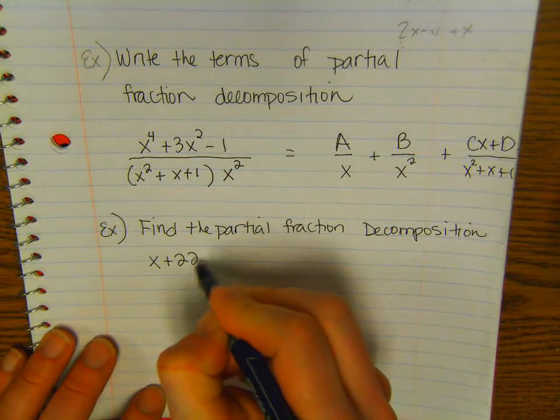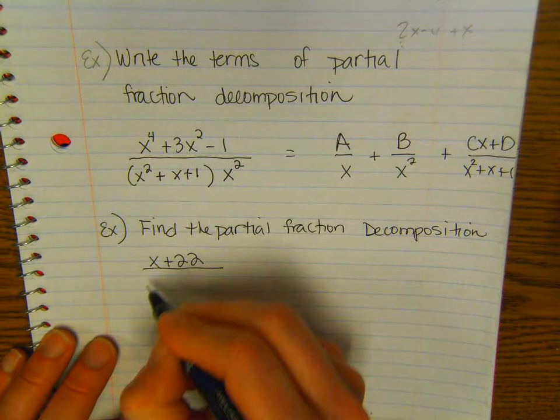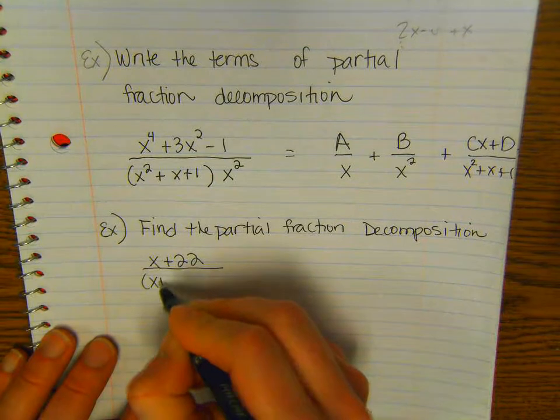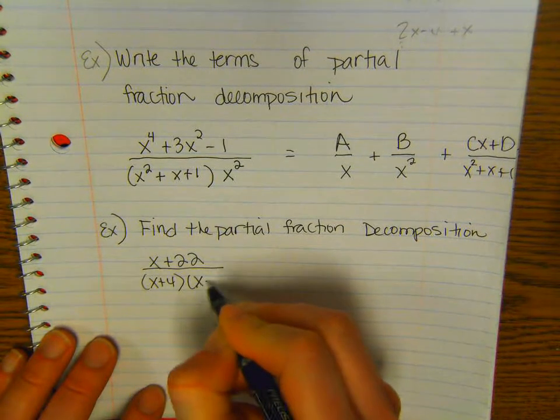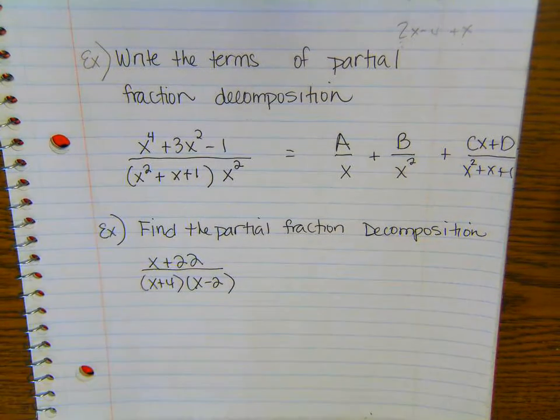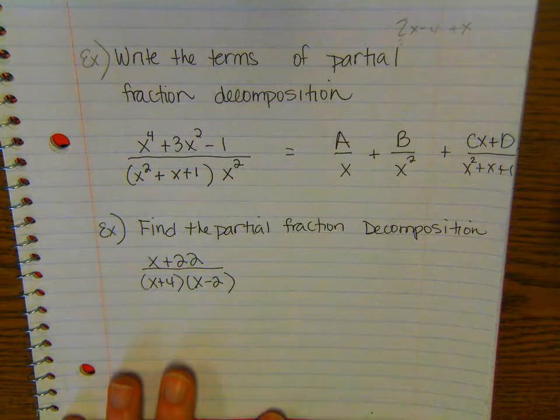And let's do x plus 22 over x plus 4 times x minus 2. I already factored it for you.